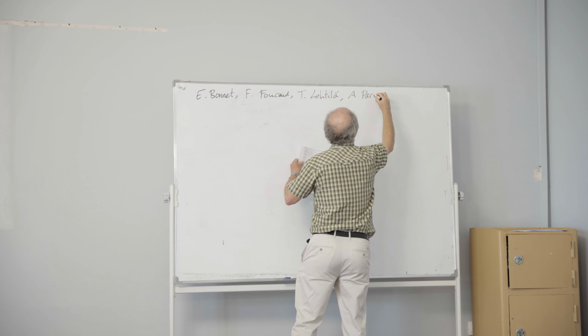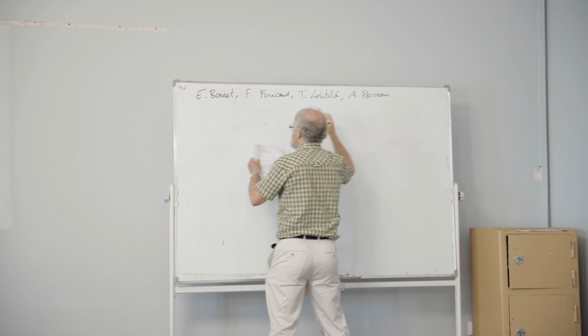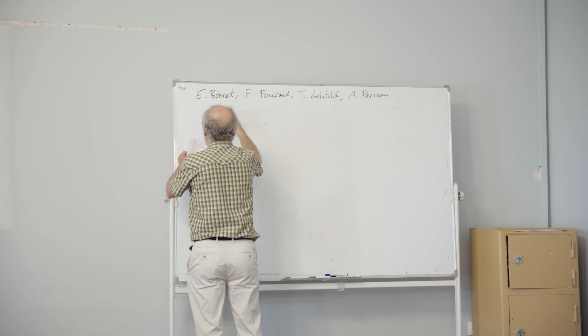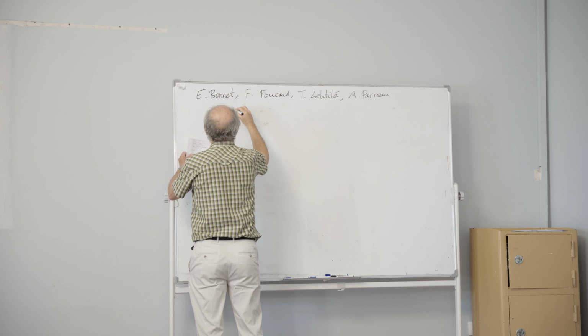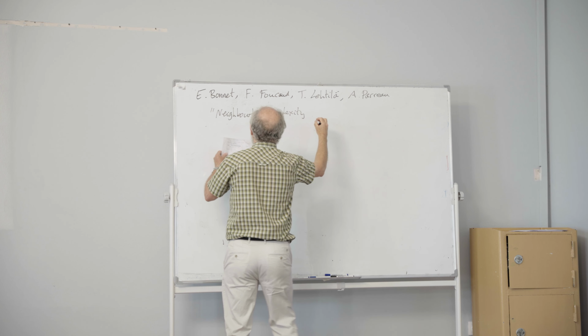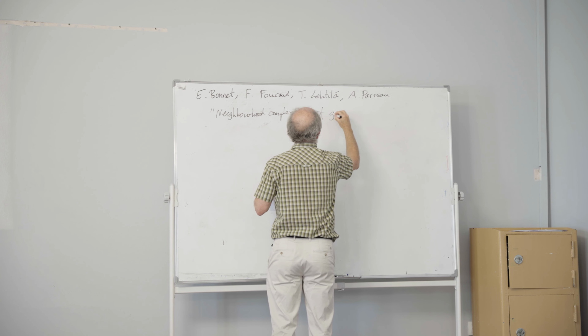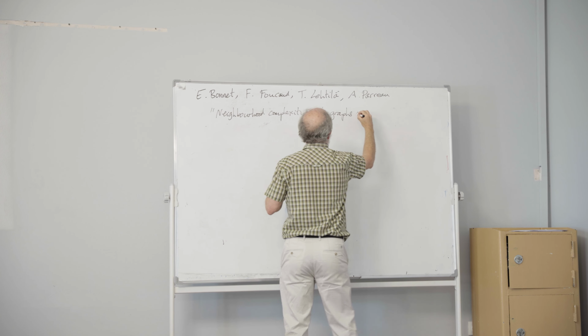So this was neighborhood complexity of graphs of bounded twin width.